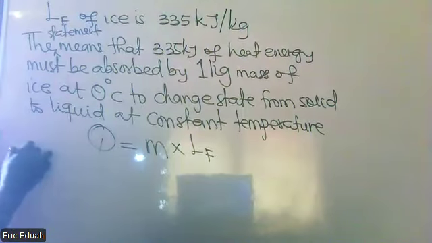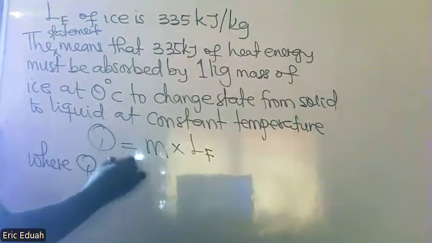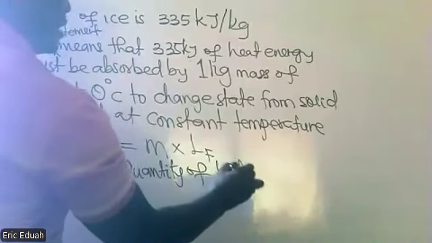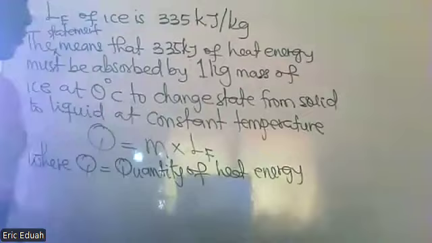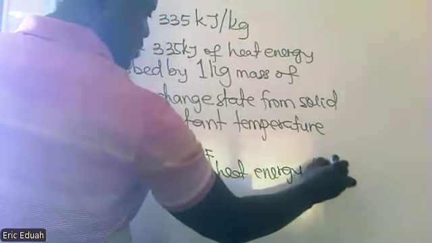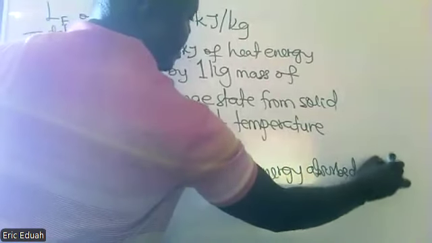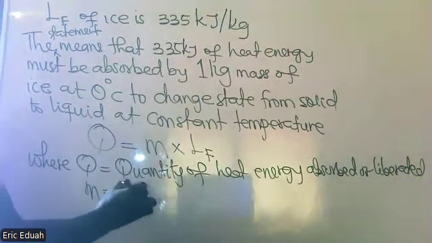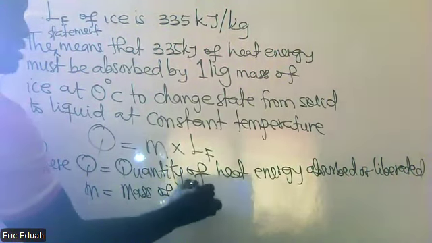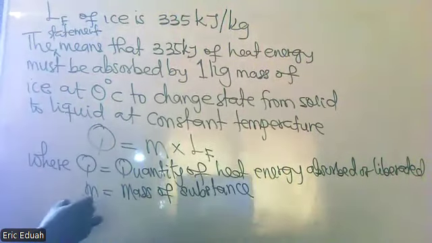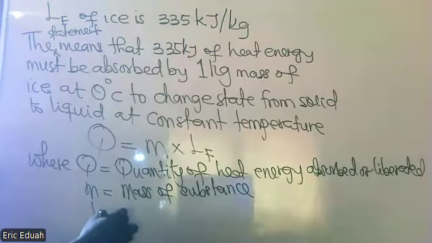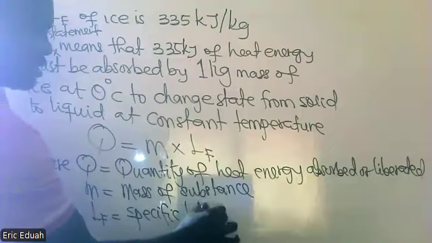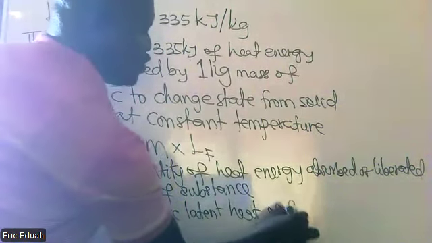So where Q equals quantity of heat energy absorbed or liberated, M is the mass of substance, then LF is the specific latent heat of fusion.